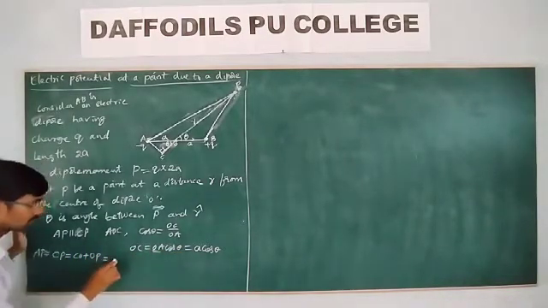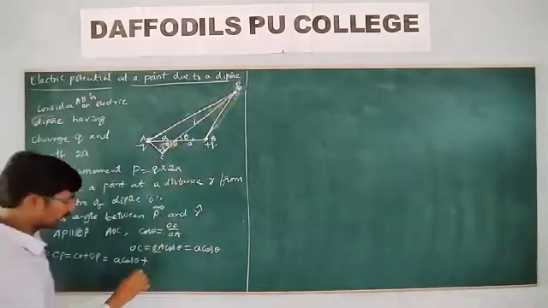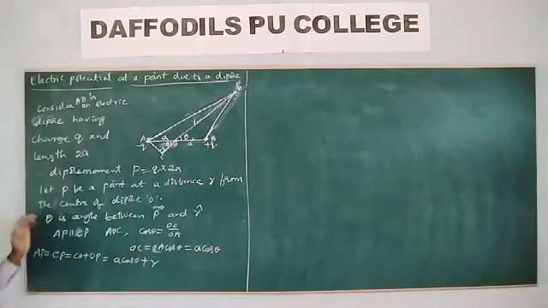CO is a cos theta and OP is r. So this is r plus a cos theta.